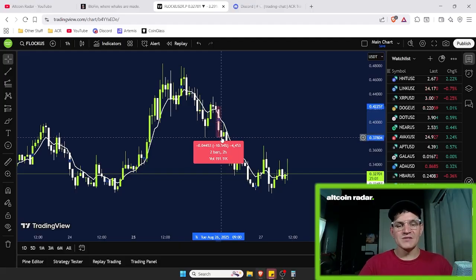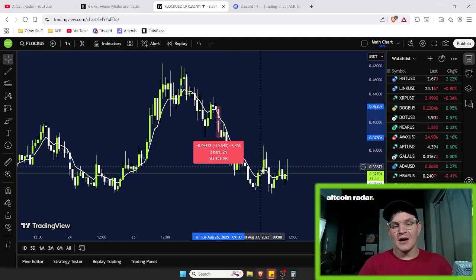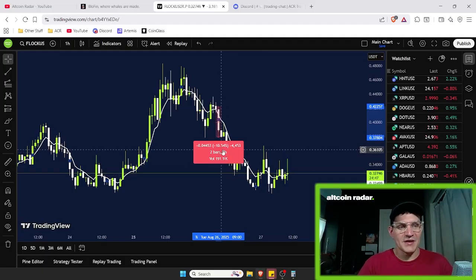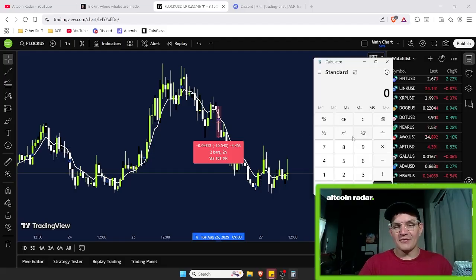So if you were to have gotten out right in here, with your $200 used as margin for this trade, you would have made roughly 105% within 2 hours of trading. So 200 times 1.05, you would have made roughly $210 right there, which is $100 plus off of that one simple 2-hour trade, okay?